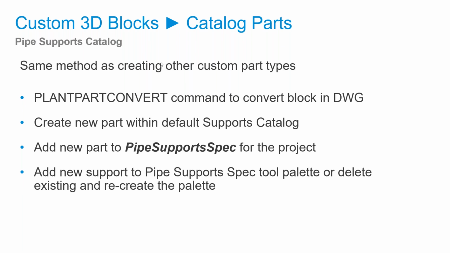If you use solids, then you have to make a block out of it, and then you use the command plant part convert to convert this block into something that Plant 3D can use for the catalog. And there are some things that you need to consider when you do this.